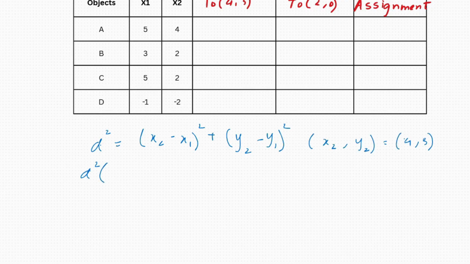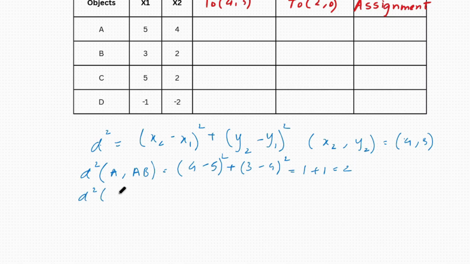Now let's find the distance of point A to centroid AB. So d square of A comma AB is equal to (4 minus 5) whole square plus (3 minus 4) whole square, is equal to 1 plus 1, is equal to 2.